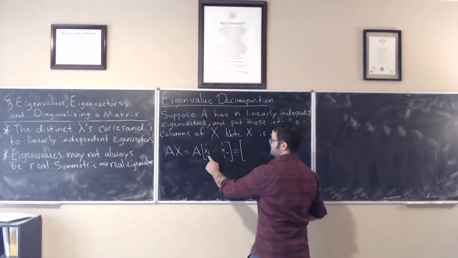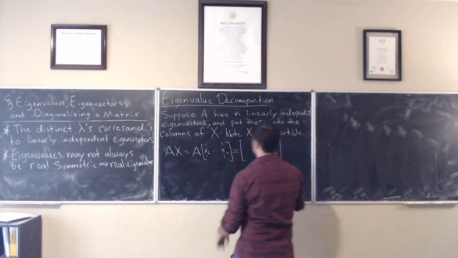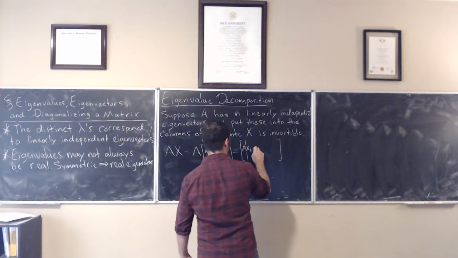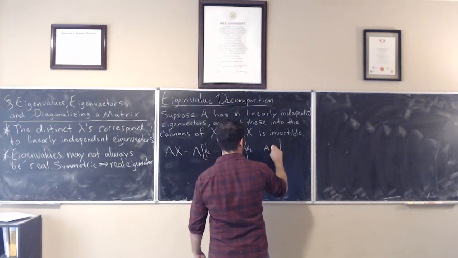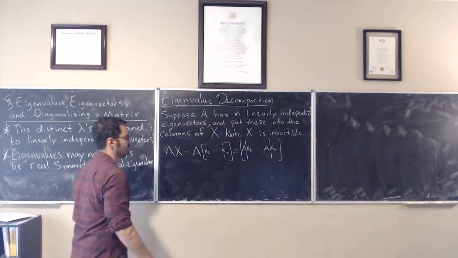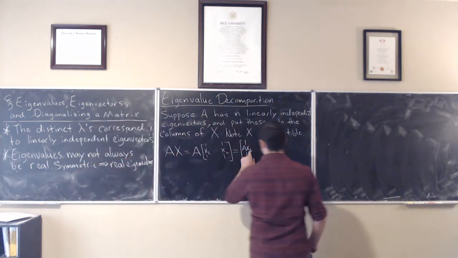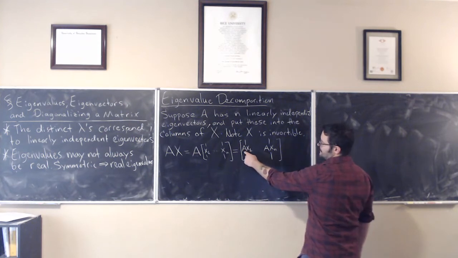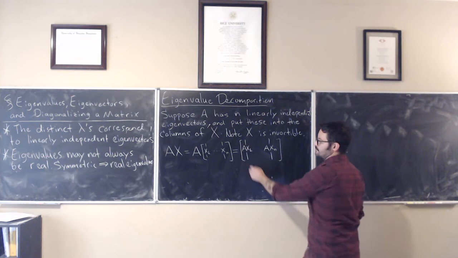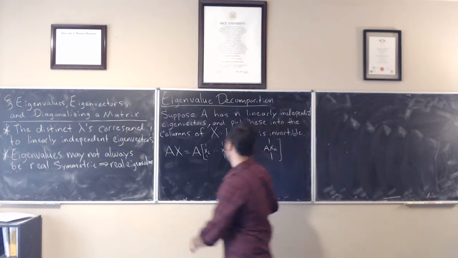It's A times X1, dot, dot, dot, A times Xn. But these are eigenvectors, so we know that A times X1 is equal to lambda 1 times X1.